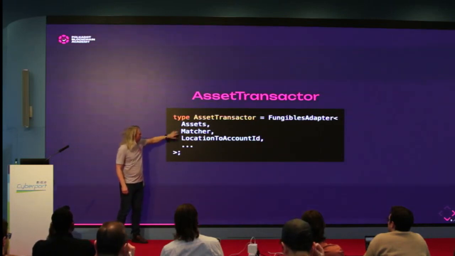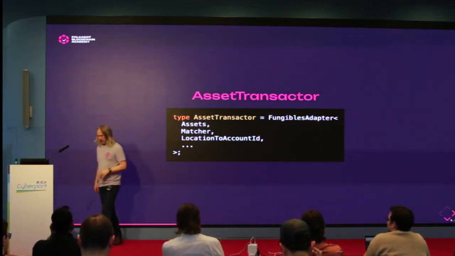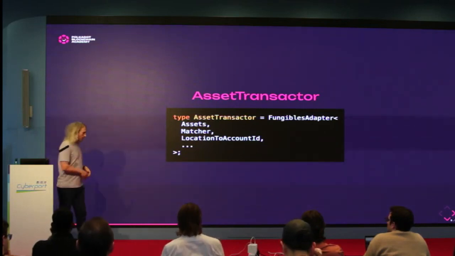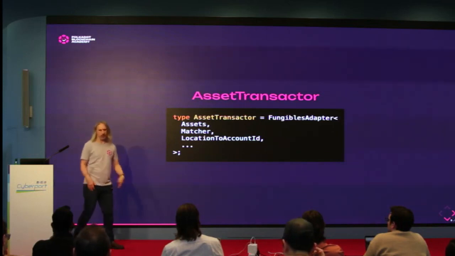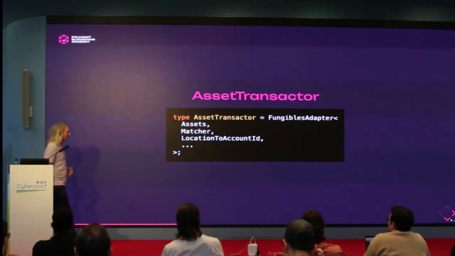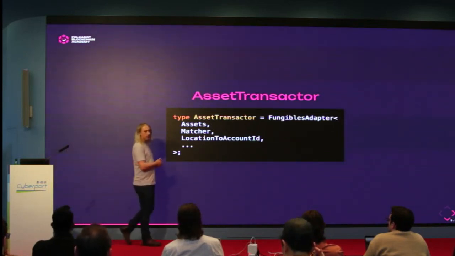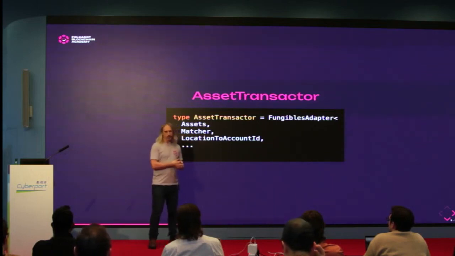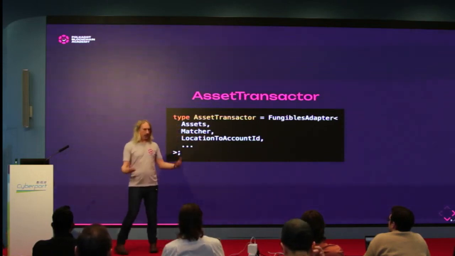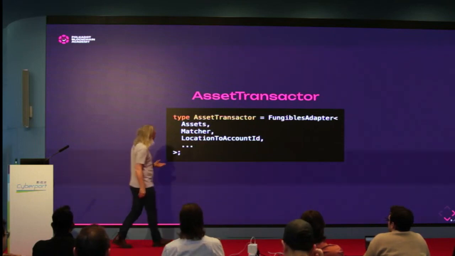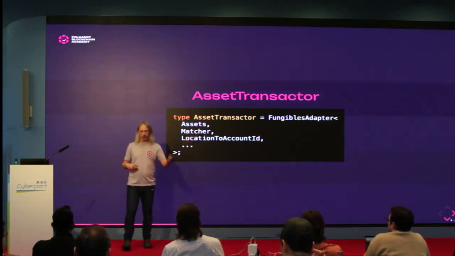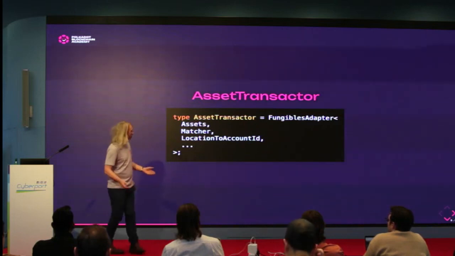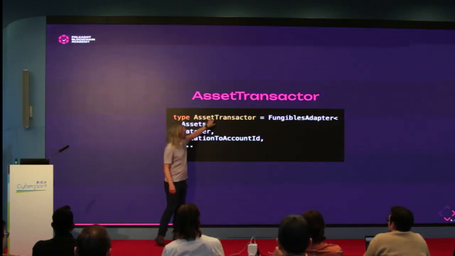Then it needs to know a couple of other things. It needs to know a matcher, which is basically, I have this asset ID, do you know what it is? That's the answerer for that question. Because of course the XCVM deals in asset IDs. When it has some operation to do, like withdraw asset or deposit asset, it needs to know if it should use this thing.